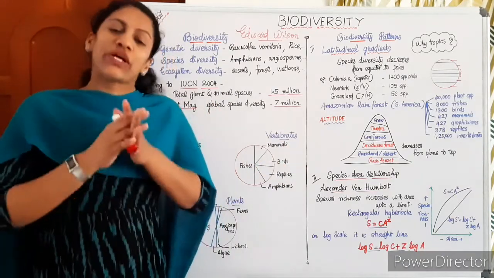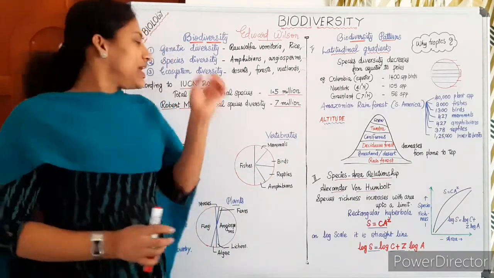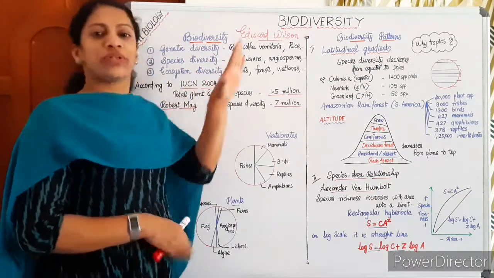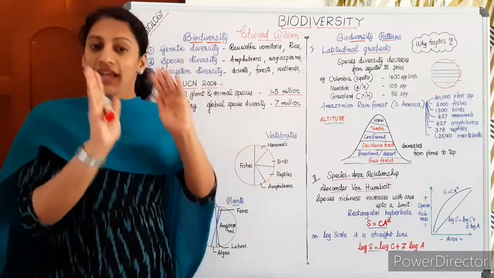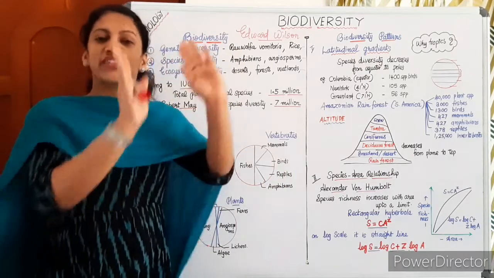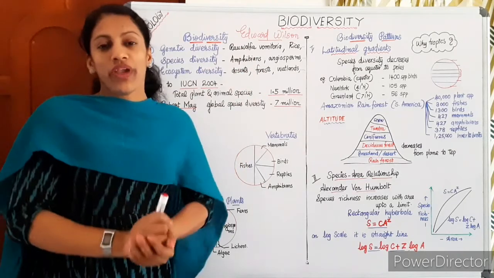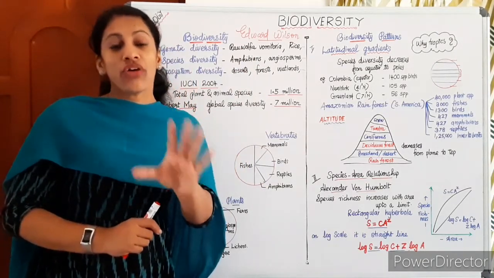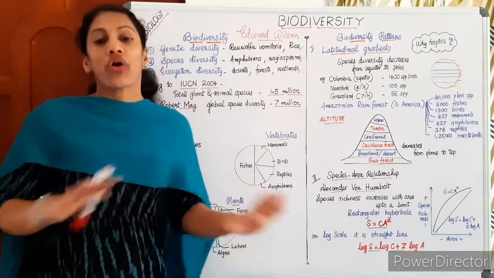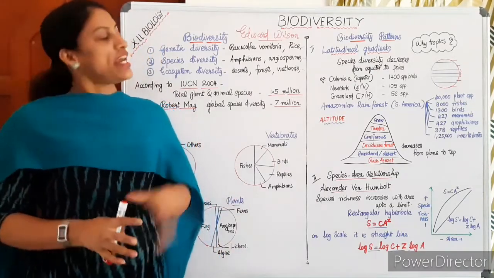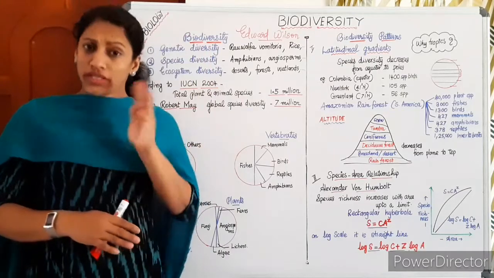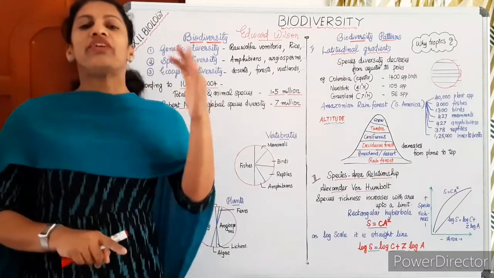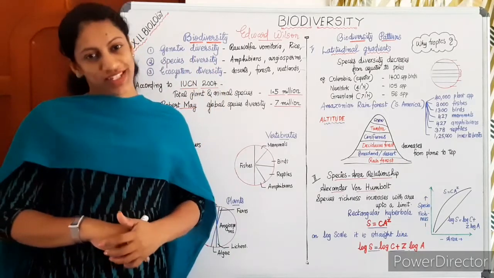The diversity at the ecosystem or community level is called ecosystem diversity. Altogether, all sorts of diversity we can categorize under biodiversity. Biodiversity simply refers to the different types of species or organisms, and there are different levels of biodiversity.